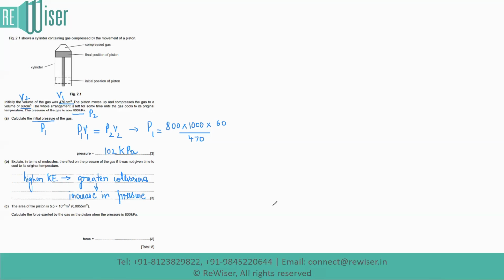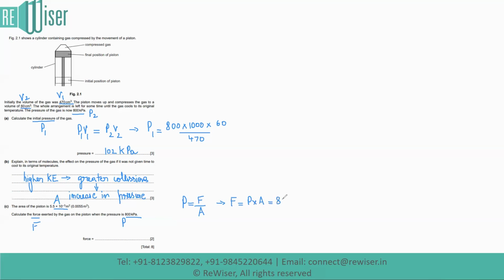The area of the piston is 5.5 times 10 to the power of minus 3 m². Calculate the force exerted by the gas on the piston when the pressure is 800 kilopascal. Here we have been given the area A. We know pressure P. We are asked to find force F. Force, area, and pressure are related by the equation pressure equals force over area, or force equals pressure times area.